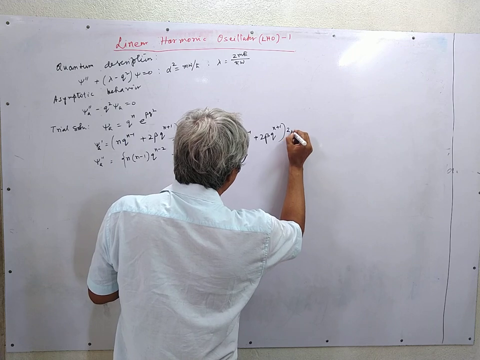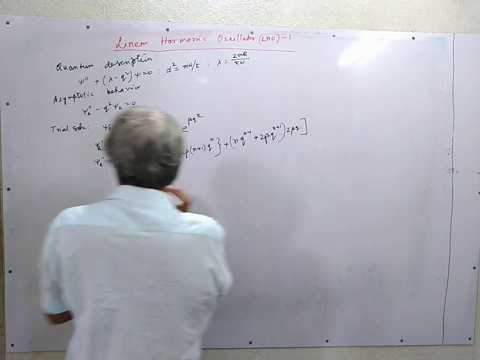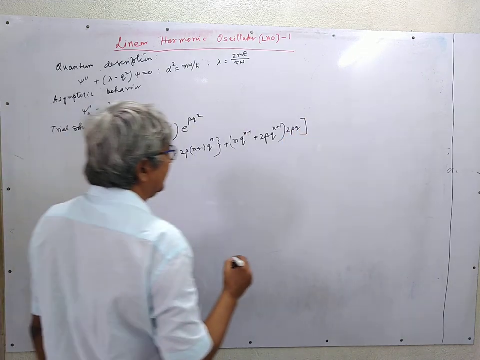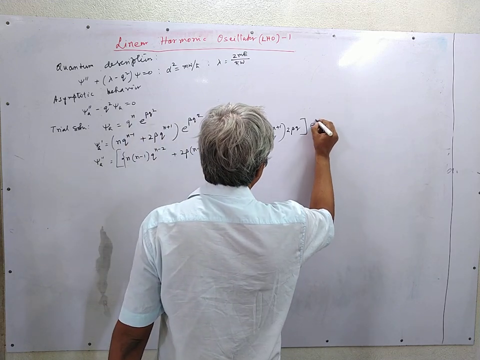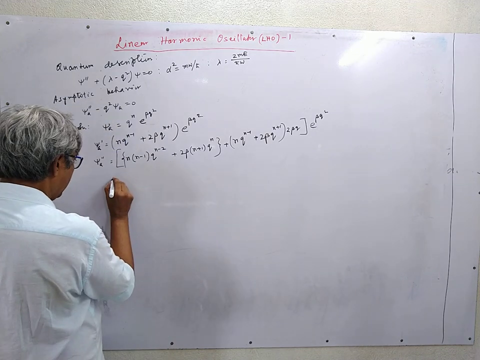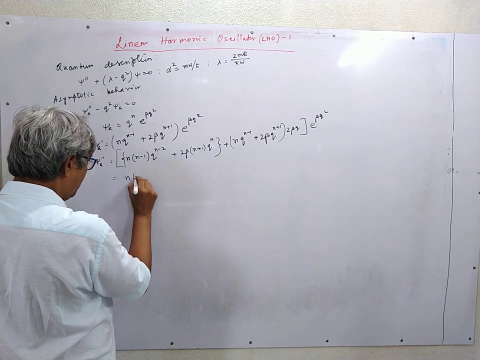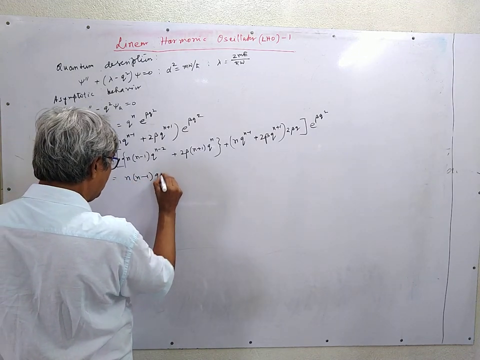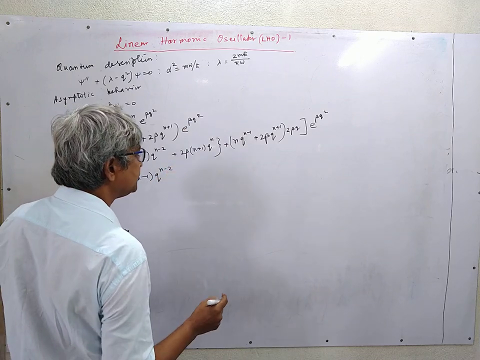Multiplied by twice beta q, and the whole thing is multiplied by e to the power beta q square. So on simplification we get n into n minus 1 q to the power n minus 2.